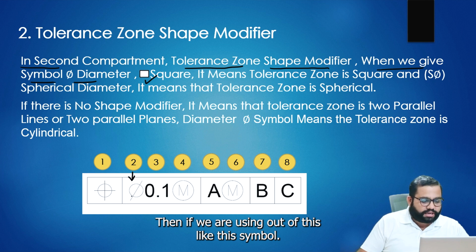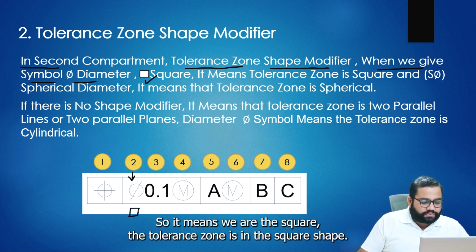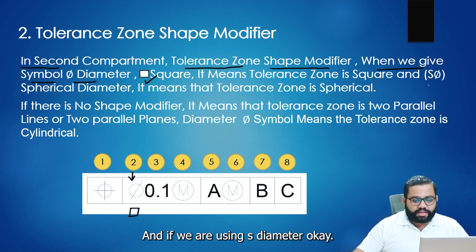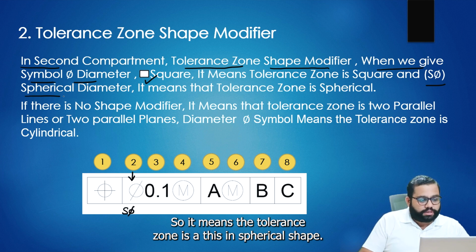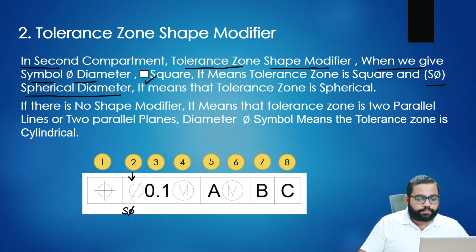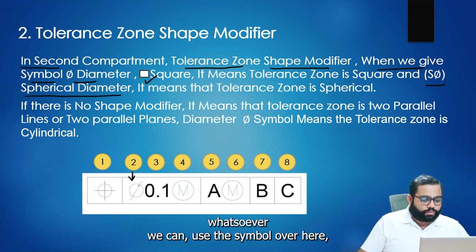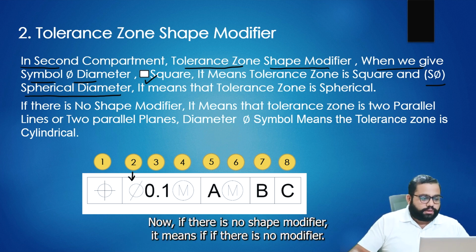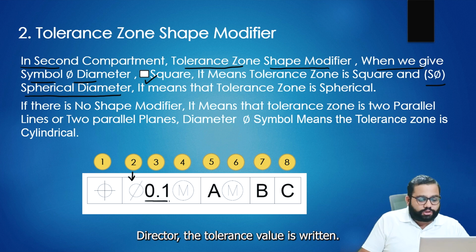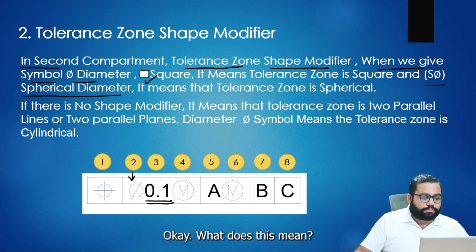When we use this symbol, it means the tolerance zone is in square shape. And if we are using spherical diameter, like this symbol, it means the tolerance zone is in a spherical shape. So whatever symbol we use over here just represents the tolerance zone shape. Now, if there is no shape modifier and the tolerance value is written directly, what does this mean?